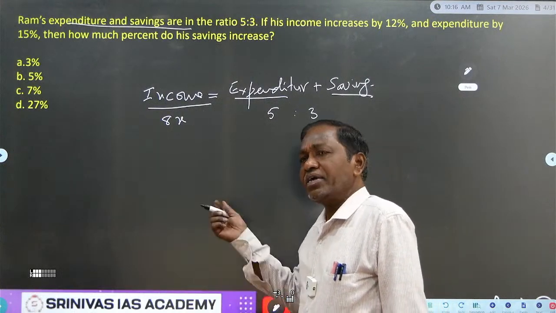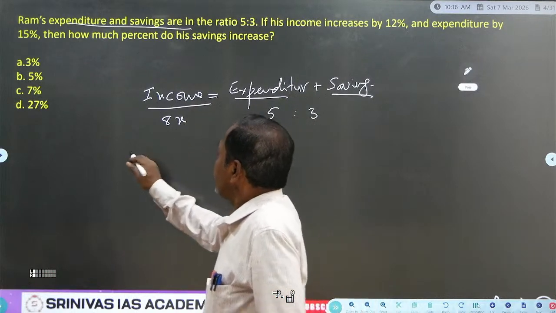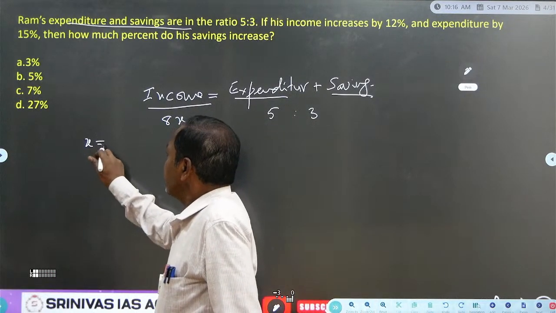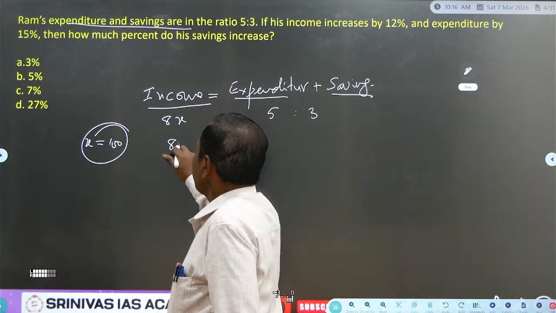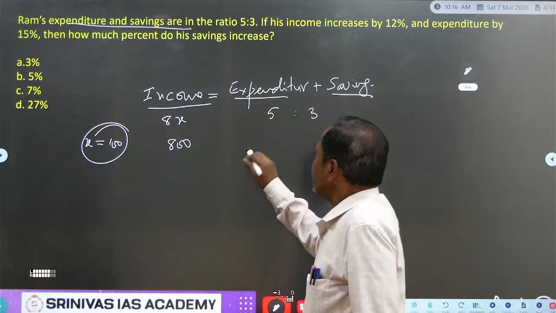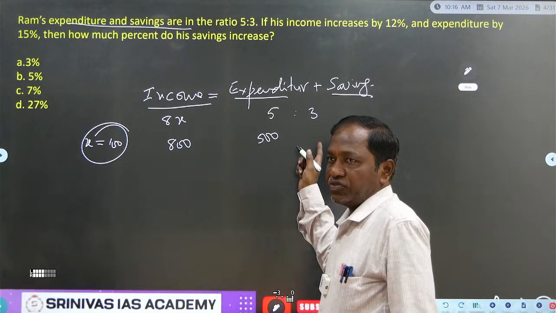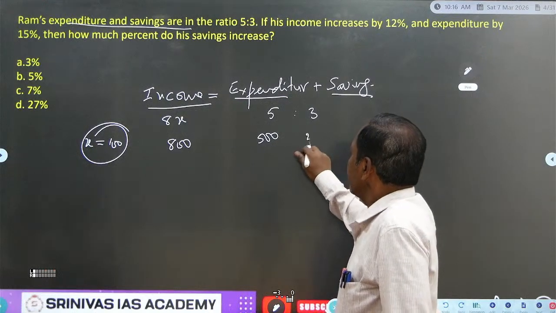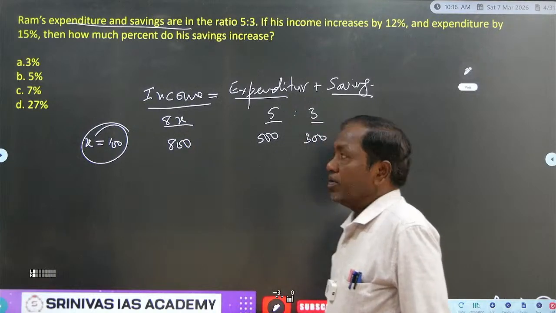We take hundreds. x can be treated as 100. So the income is 800. What is the expenditure? 5x is 500, and 3x is 300, the savings.